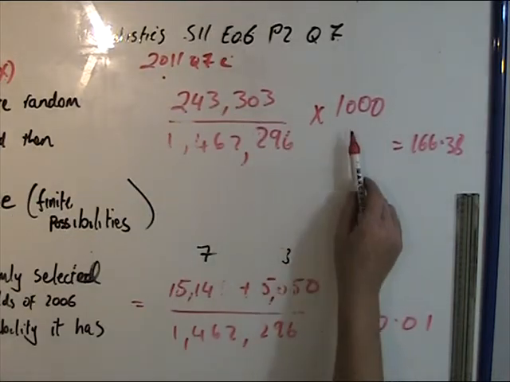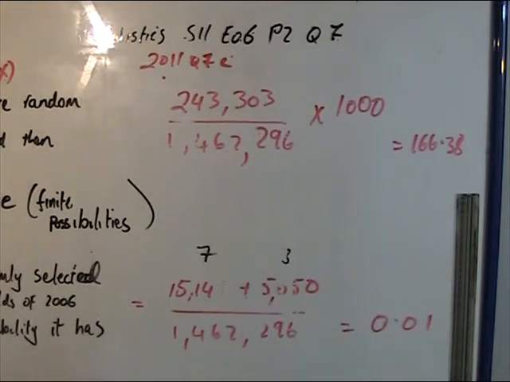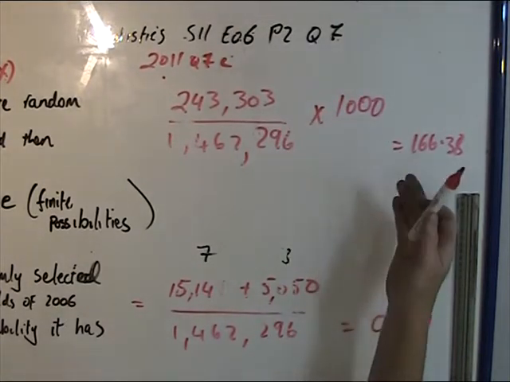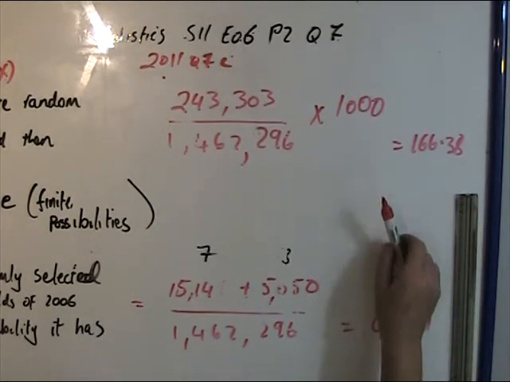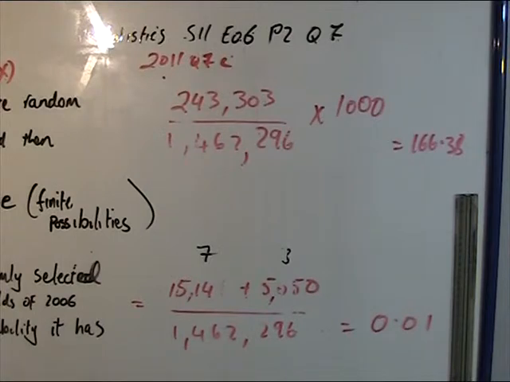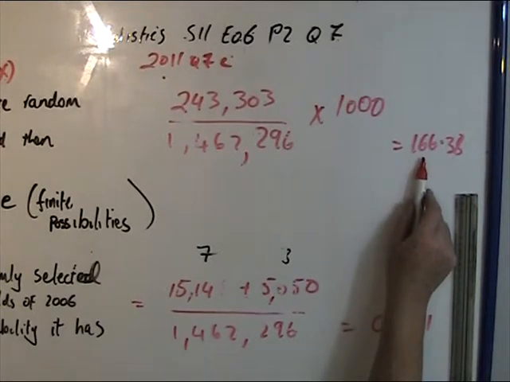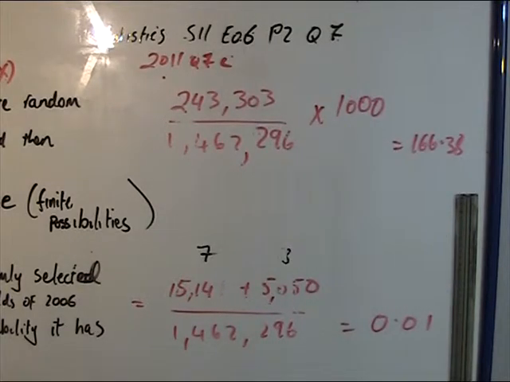So 1,000 is the sample size you've taken, and it predicts how many. It's a very high prediction probability, which means you will find a lot of people living in families of 3 or 4 in 2006.